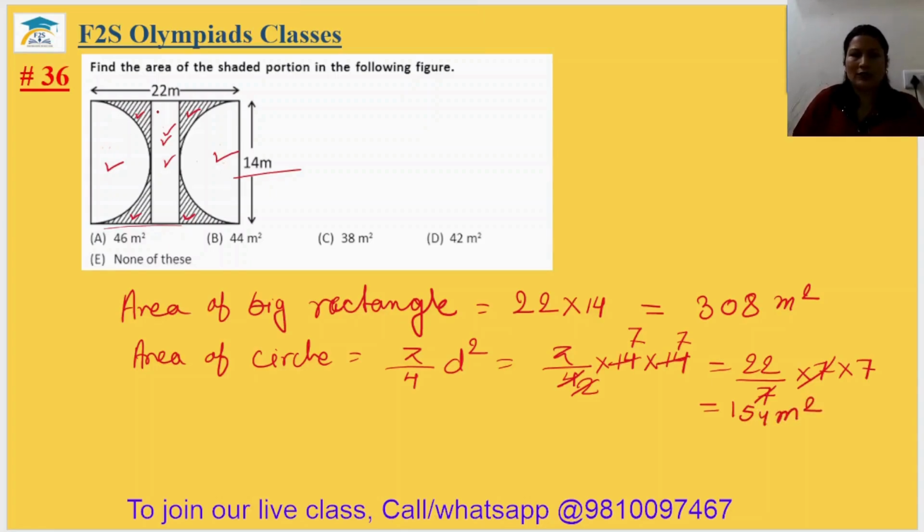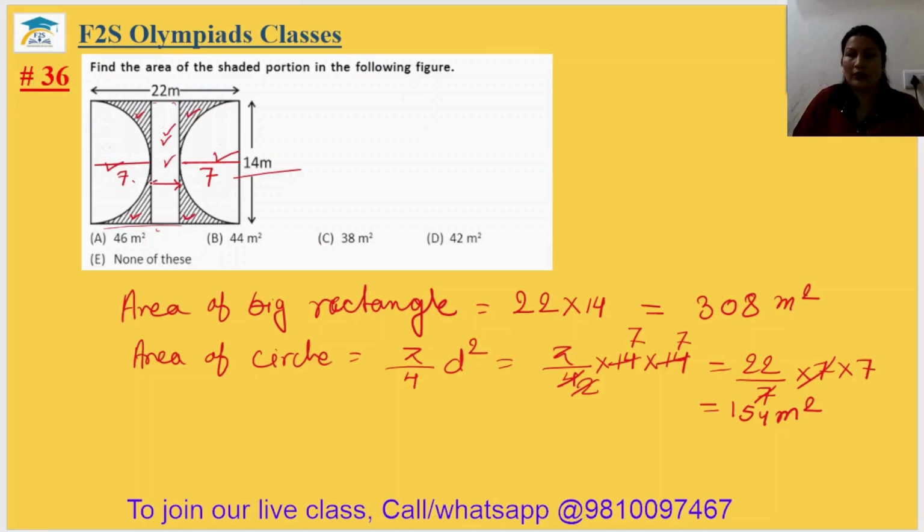Now area of this small rectangle. अब इस small rectangle का area निकालने के लिए what we will do, actually the diameter of the circle, it will be your half of the circle, the radius of the circle. It is the half of the diameter. So here it is 7 and from here to here it is 7. So 7 plus 7, 14. So 22 minus 14 will be this length.